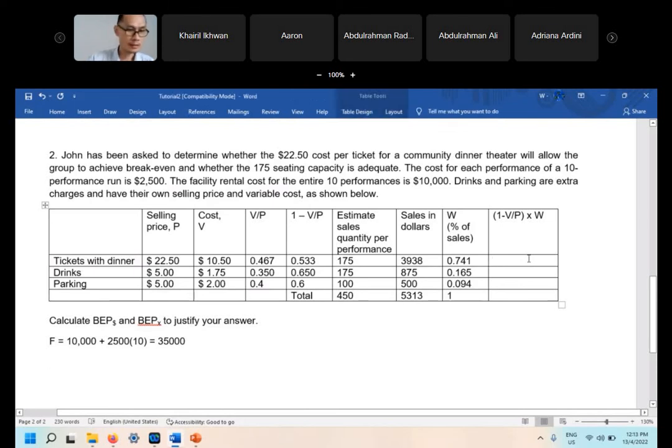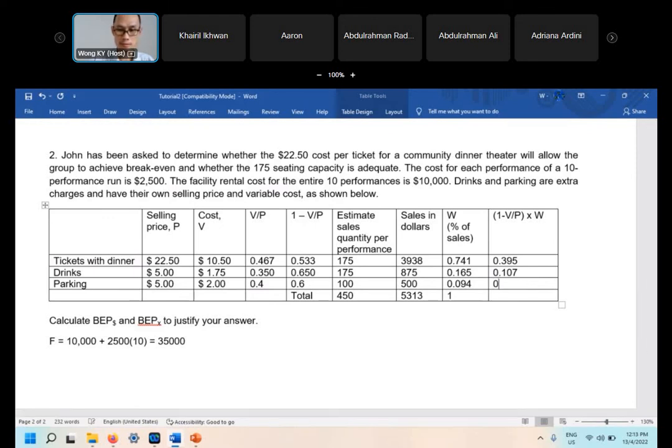So you multiply them, you should get 0.395, 0.107, 0.056. Total of the column is 0.558. Okay, I hope it's correct.